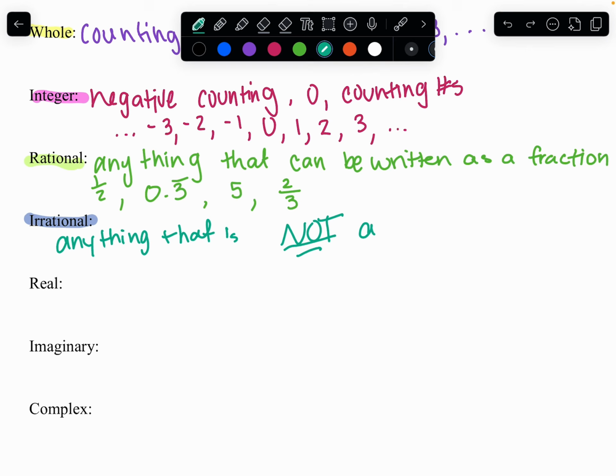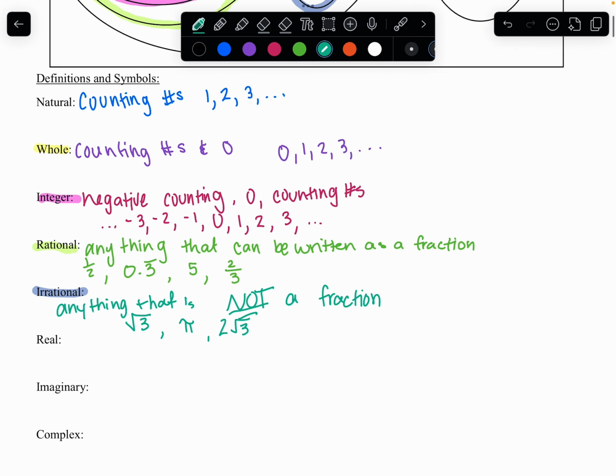If I can spell fraction right, or at least make it look right. So that's like the square root of 3, pi, 2 rad 3. Those are all irrational numbers.